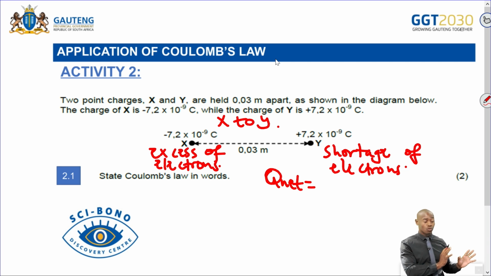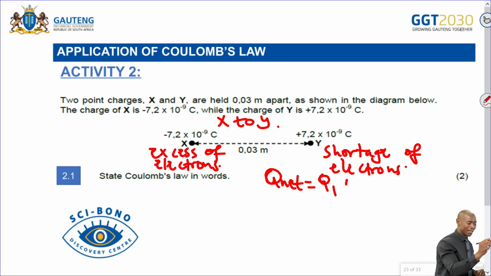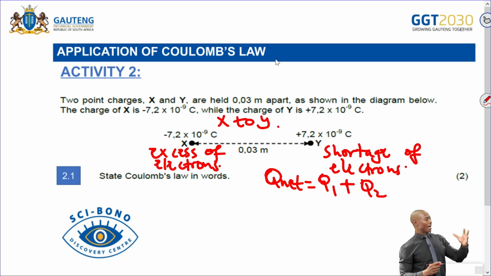Let's not confuse the two. So net charge is just Q1 plus Q2. In this case, the net charge will be 0, right? Because of negative 7.2 and positive 7.2.